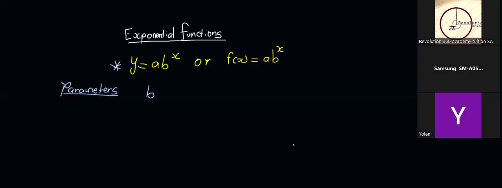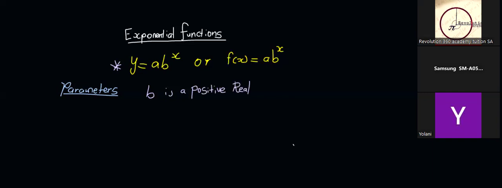It's always going to be a positive real number. Before you can even go further, you must know that. So these are parameters of the graph.